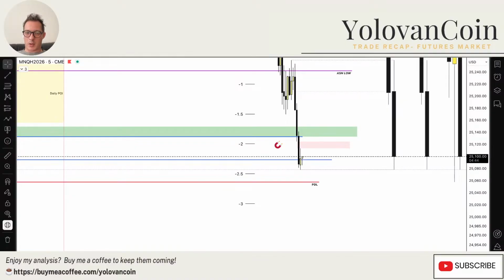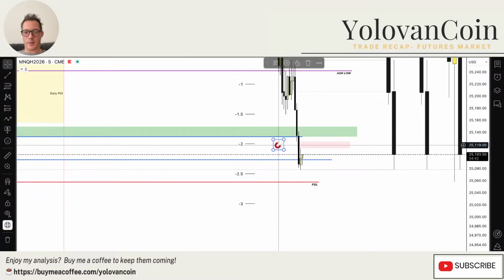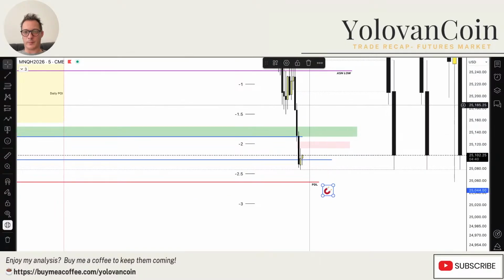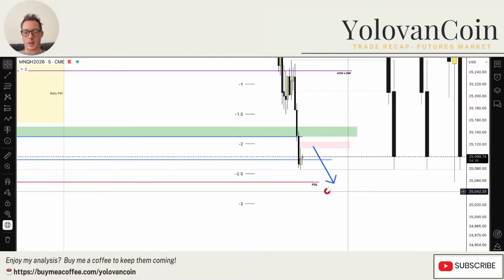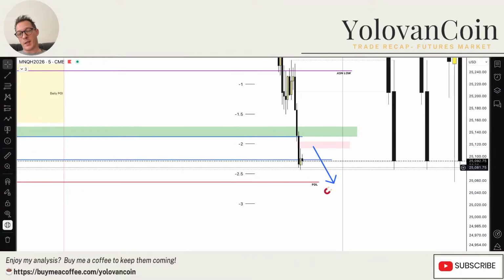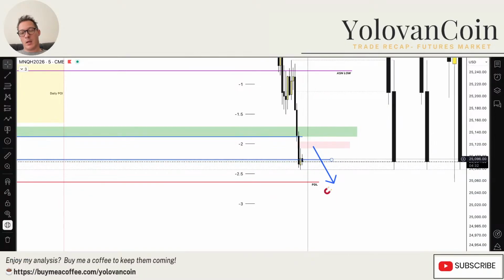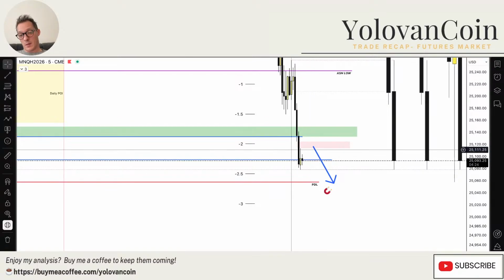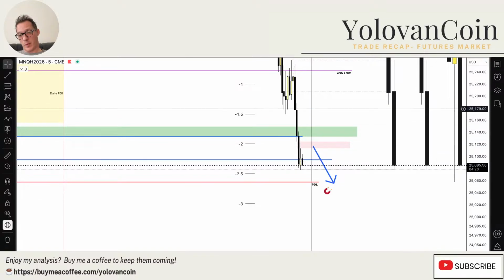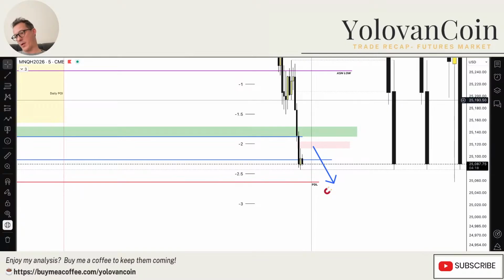Now it's going to go back to this fair value gap, and from this fair value gap, the funny part can be it goes back here, and the next 1 hour candle sweeps the previous 1 hour low. So the 1 hour candle is going to sweep the pre-daily low and close back in the range, like the V-shaped reaction we want to see, right?